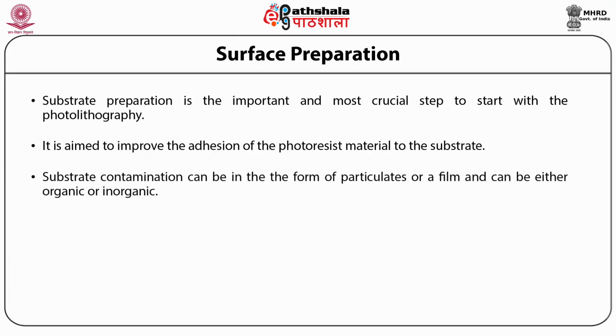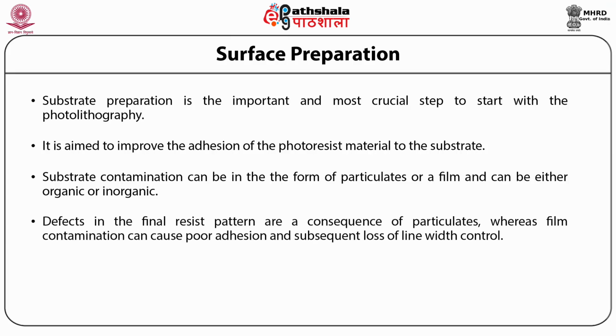The substrate cleaning is used to remove contamination. Substrate contamination can be in the form of particulates or a film and can be either organic or inorganic. Defects in the final resist pattern are a consequence of particulates, whereas film contamination can cause poor adhesion and subsequent loss of line width control.